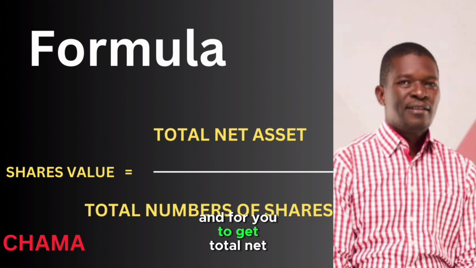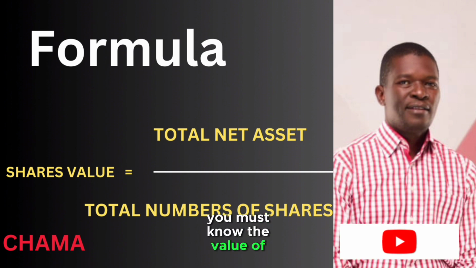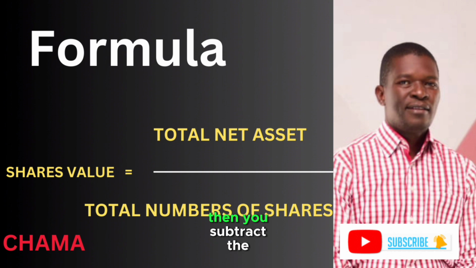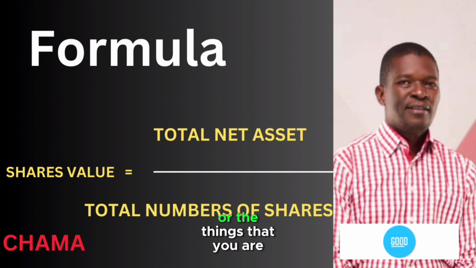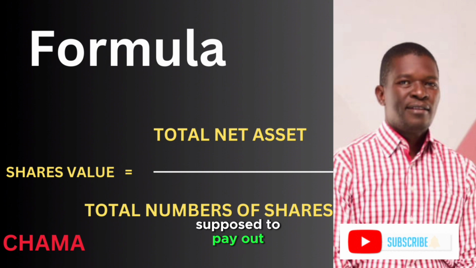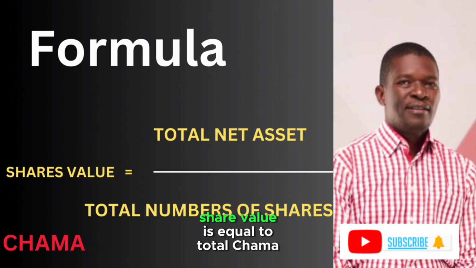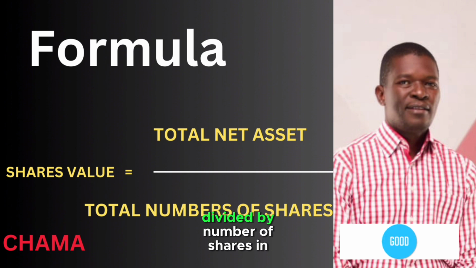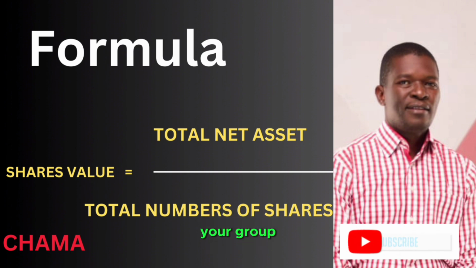And for you to get total net asset, it means you must know the value of all assets in your group, then you subtract the liabilities or the things that you are supposed to pay out. So share value is equal to total CHAMA net asset divided by number of shares in your group.